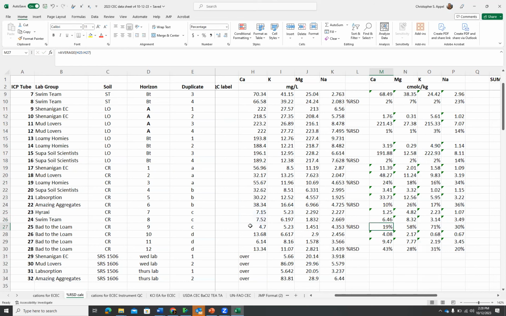For standard deviation, average. Yep, because then the formula will be saved for relative standard deviation.